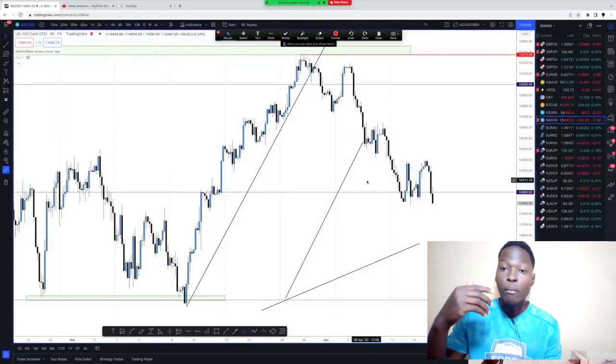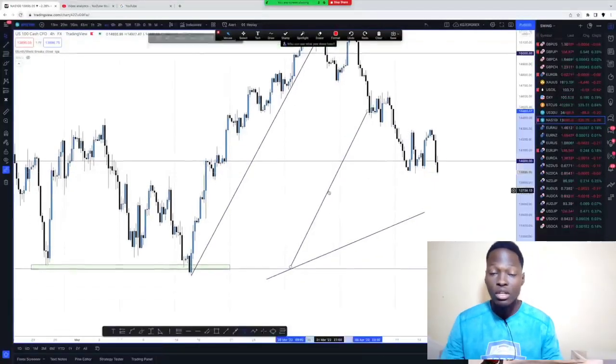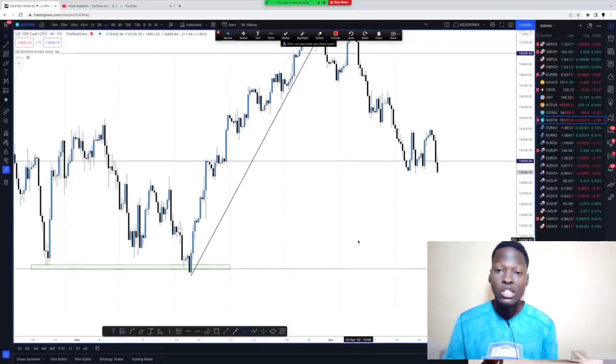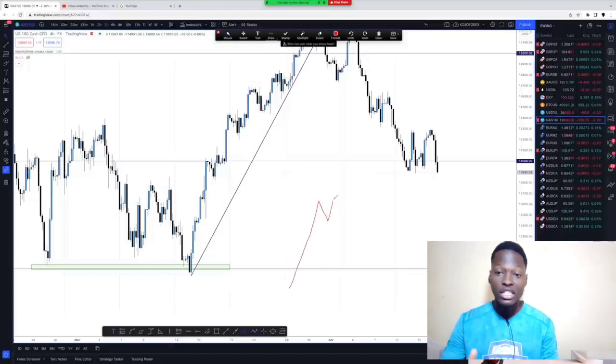In a scenario like that, I pretty much do my best to avoid the trade setup as a whole, not necessarily looking to take that trade setup on that steep, narrow movement that gives me a very tight risk to reward scenario. So let's say the market pushes up like that, it pushes down, goes up, and then it pushes down like that, and then it goes up like that.